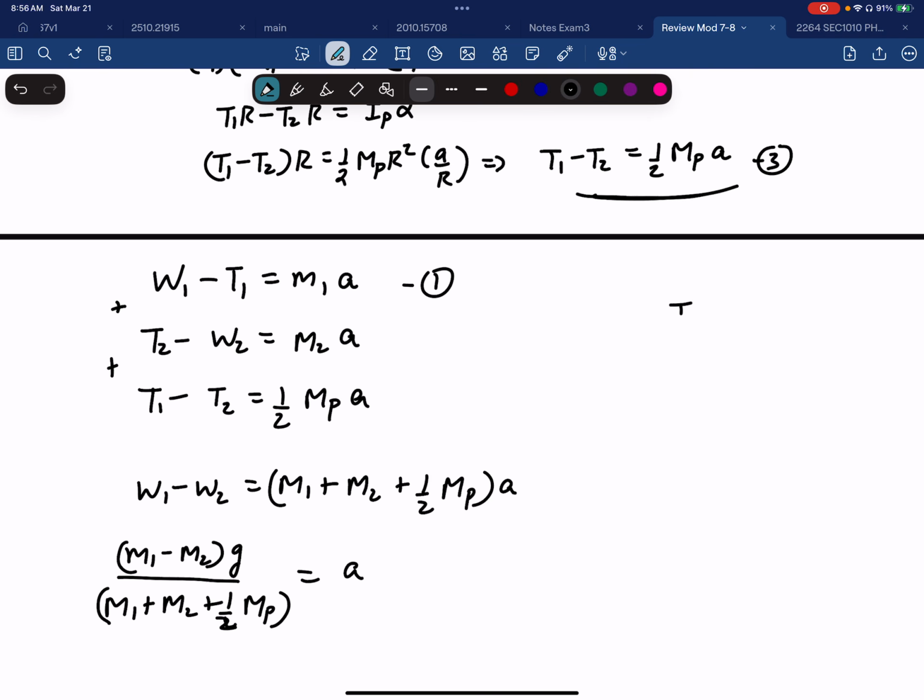Now, if I would have said that the mass of the pulley is 0, this basically ends up telling us that the tensions are equal.